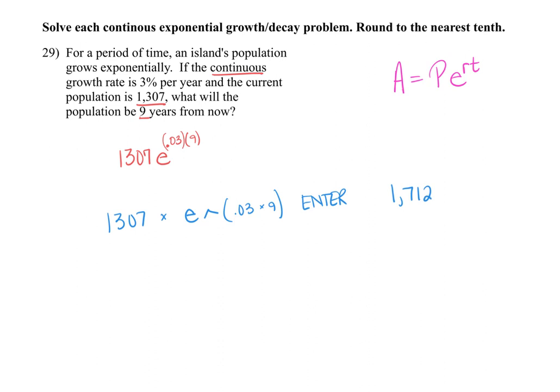If it was money, how should you round? 2 decimal places. Money is dollars and cents. Other than that, it will usually tell you how to round, okay? So up at the instructions, it said round to the nearest tenth, right? So somewhere in the word problem or in your instructions, it's going to tell you where to round if it's other than a person or dollars and cents. So other than those situations, look to your instructions for your rounding, okay? But even though it said round to the nearest tenth, this was talking about population. So we're not going to do the nearest tenth of a person.